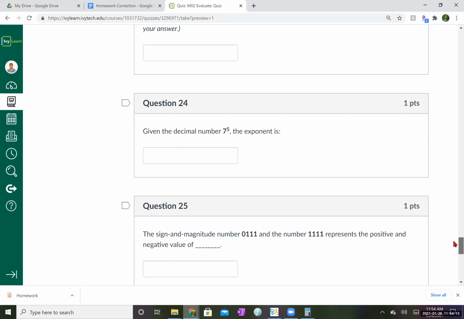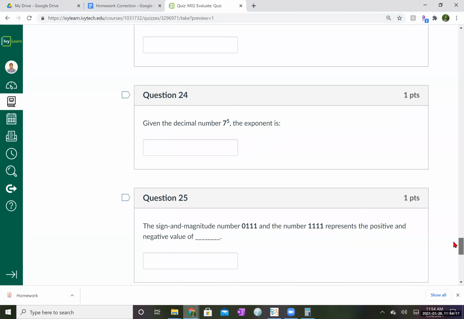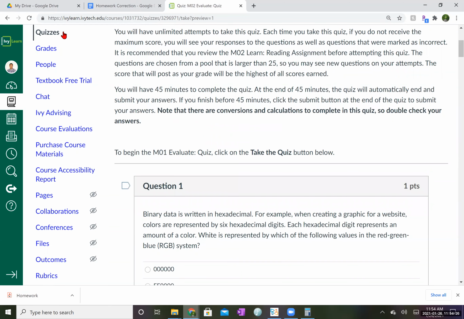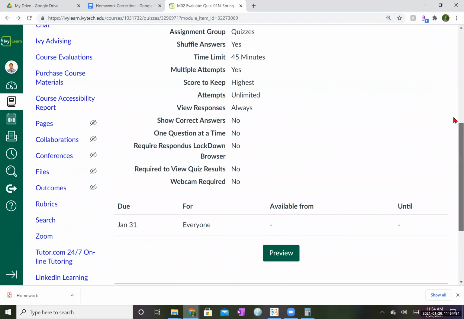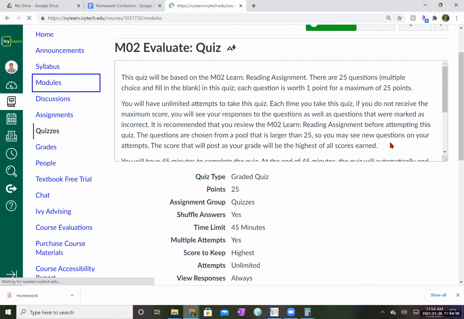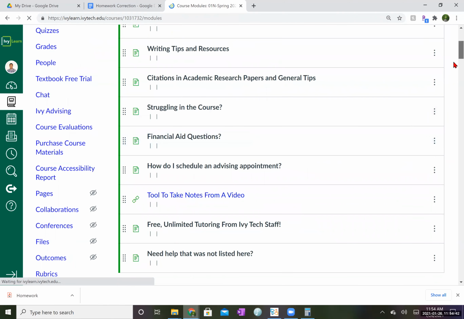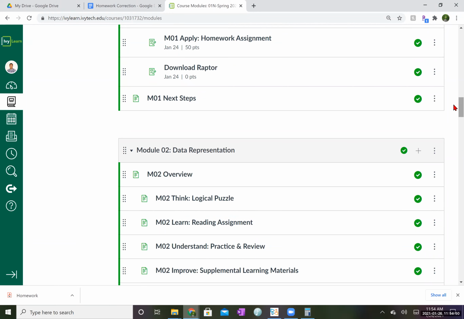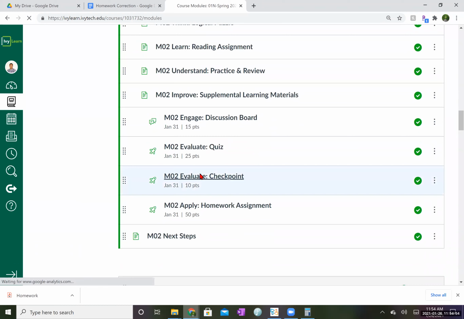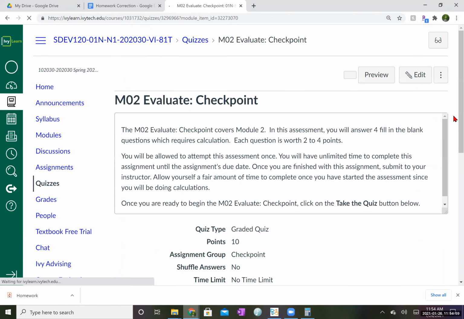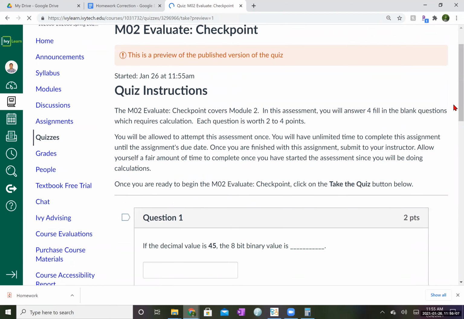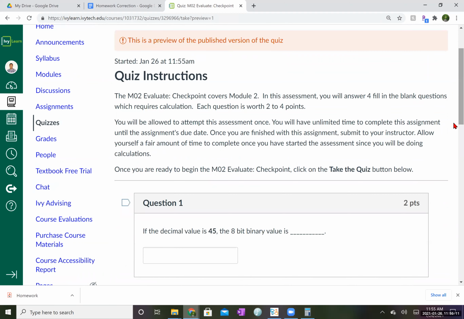This one is simple. I don't want to do it.